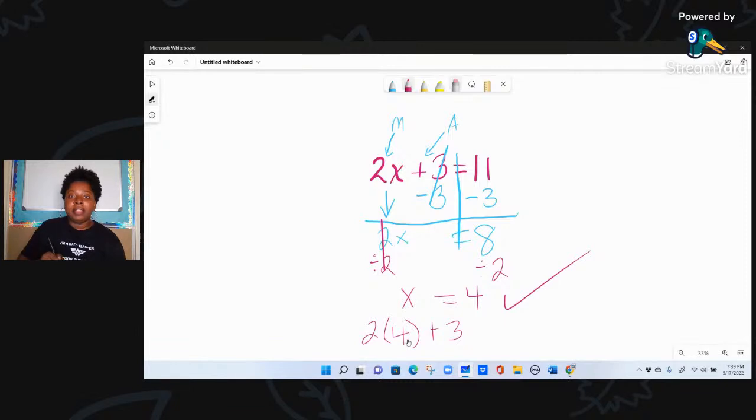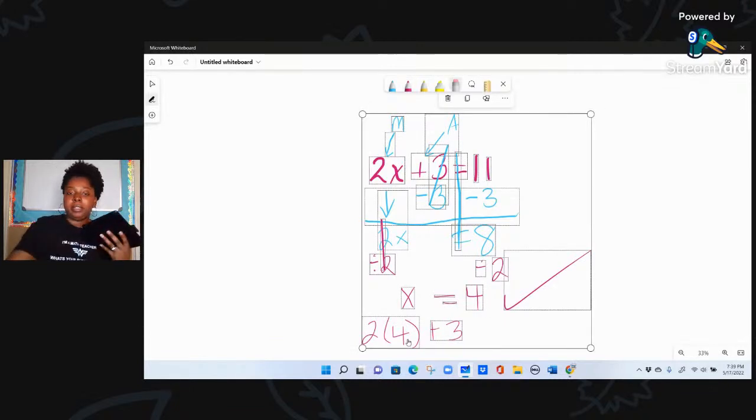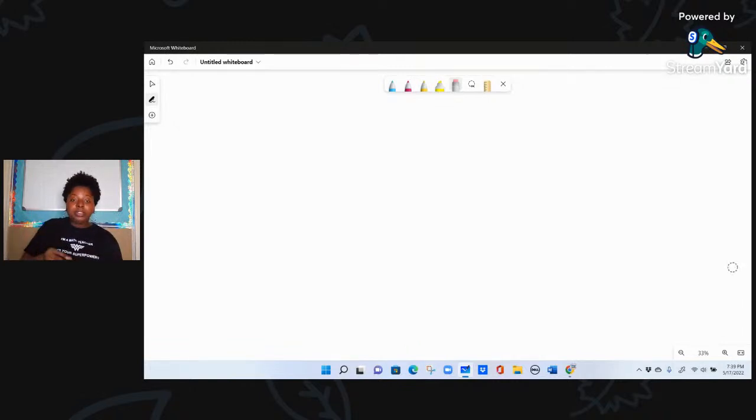Let's try another one just to make sure you got it. And as I'm going through this, if this is one of the topics you need help with, let me know. Let's try one with subtraction: 5x minus 4 equals 16.